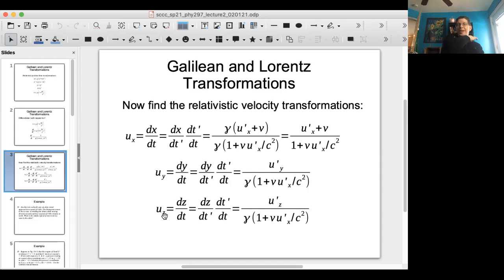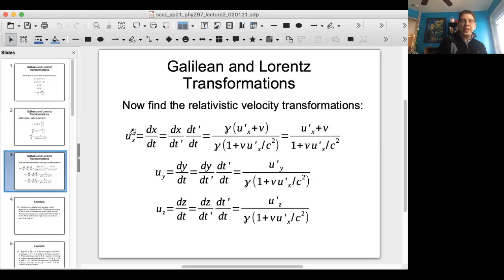The observer that the velocity is being measured relative to, you define as observer O, and then typically a second object is observer O prime. You know the velocity of one of the objects relative to observer O prime, and so you use these equations.